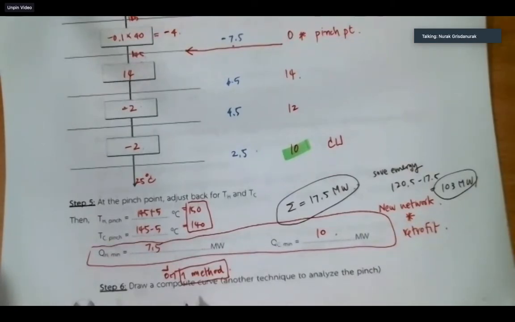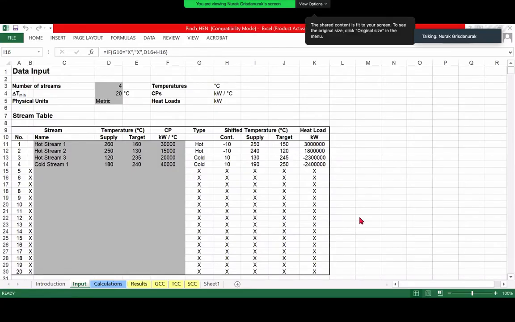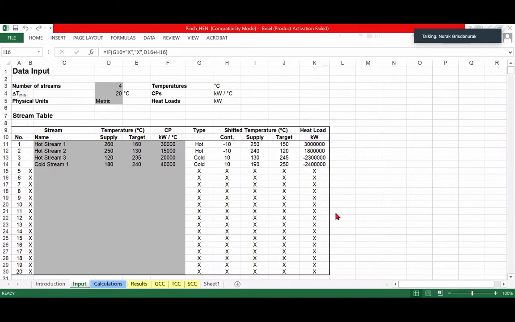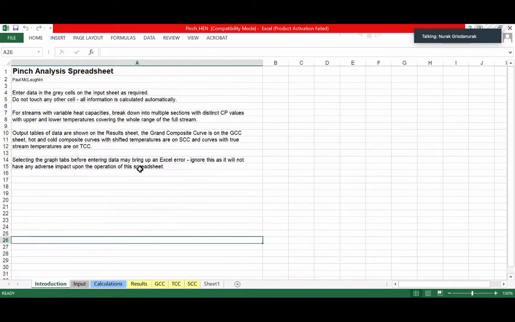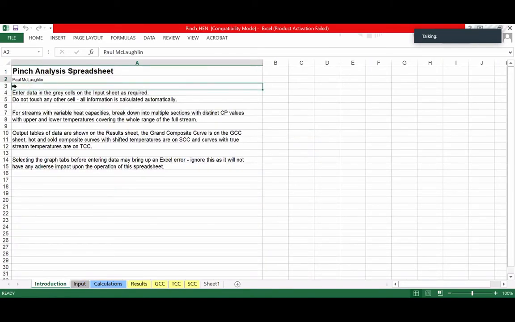Can you open your Excel file? Yes. Share screen. Can you see the Excel file on your screen? Yes. Okay. This one came from someone else, so many thanks to them.